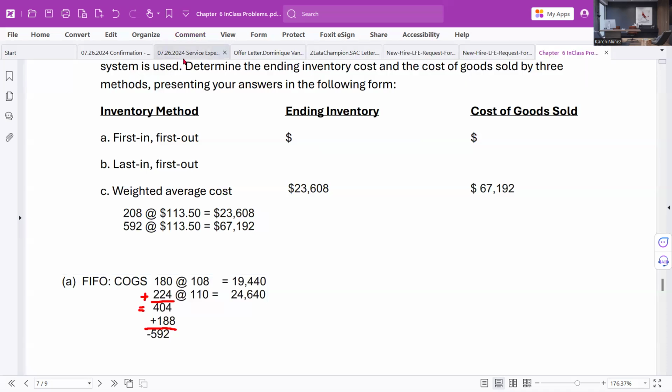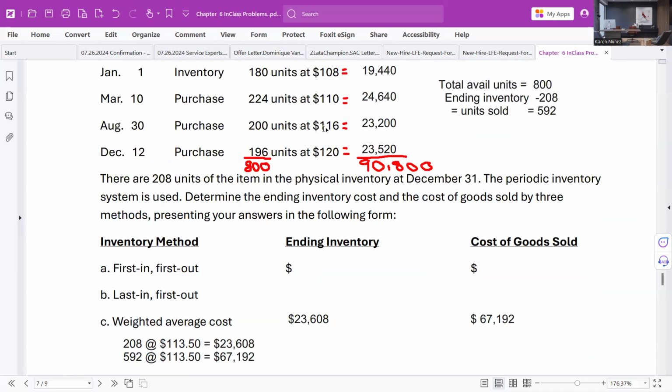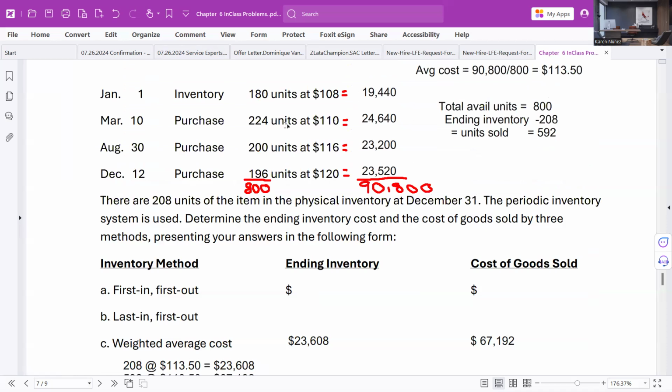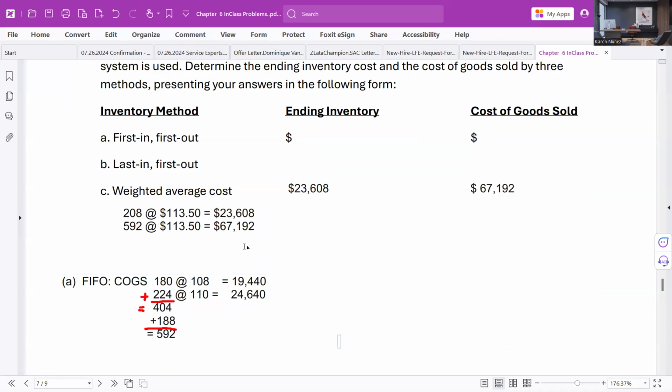That's how we get the 592, and that should be an equal sign. Okay, that's where I'm getting the numbers from. So first in, first out: 180 at 108, 224 at 110, and then we've moved to this layer, 116. How many? 188 at 116.